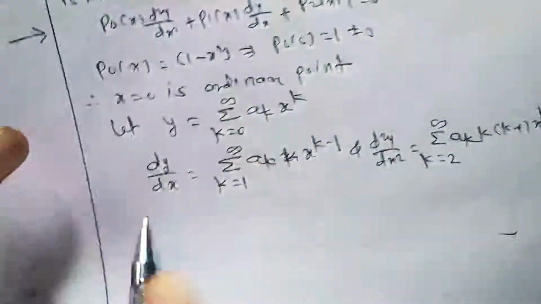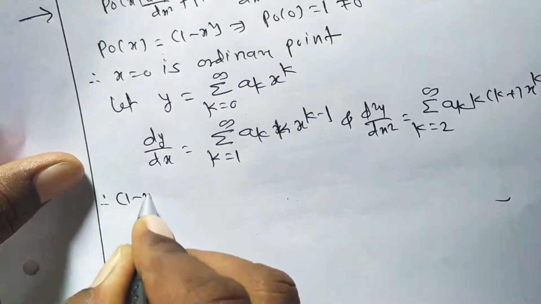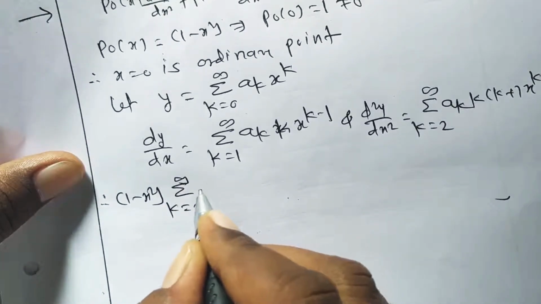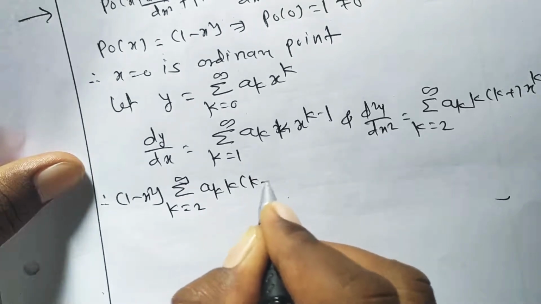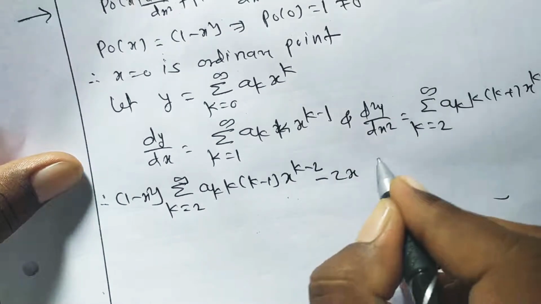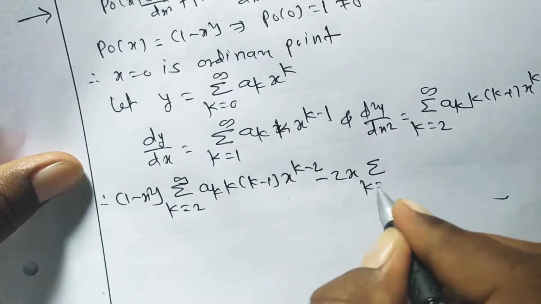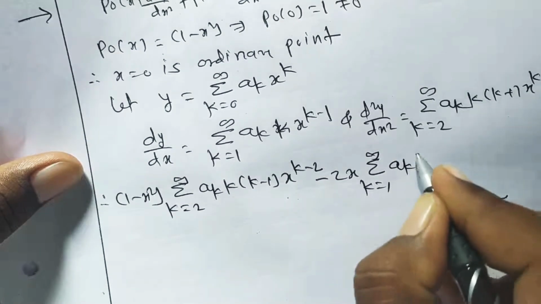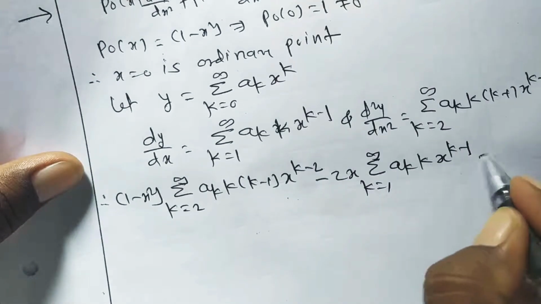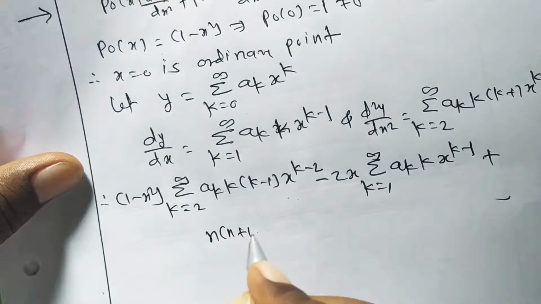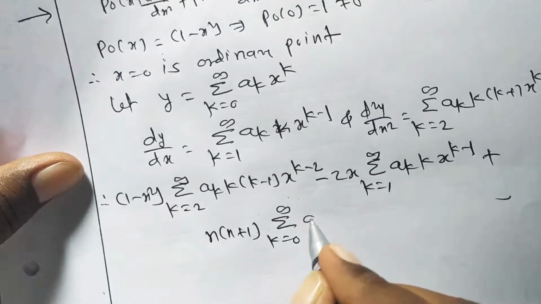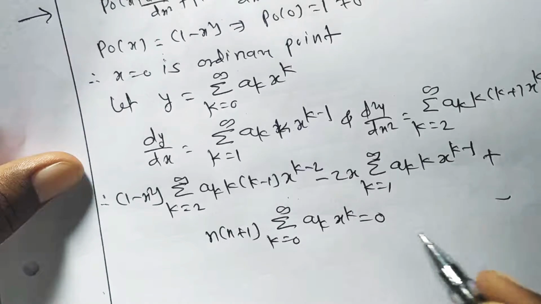Therefore the given differential equation becomes: 1 minus x square into summation of k varies from 2 to infinity ak k into k minus 1 x to the power k minus 2, minus 2x into summation of k varies from 1 to infinity ak k x to the power k minus 1, plus n into n plus 1 into summation of k varies from 0 to infinity ak into x raised to k, equal to 0.